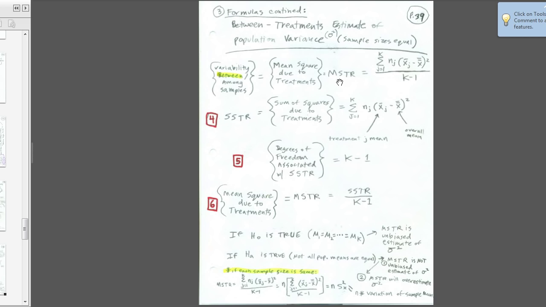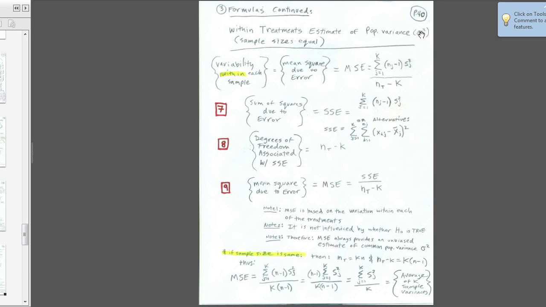That'll be the numerator. Page 39, I'm going to page down to page 40. Our second estimate for variability, and this one will be within each sample. This will be the mean square due to error, MSE, and this will be our denominator. All right, that's a lot of stuff, so it's going to make more sense when we go over to Excel.